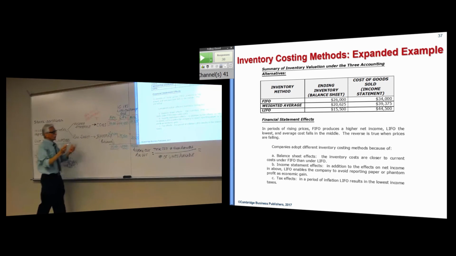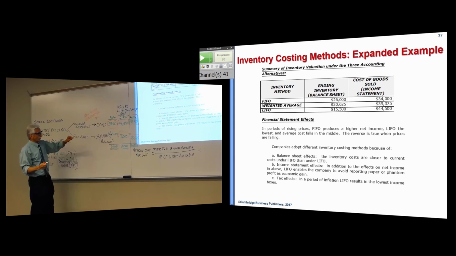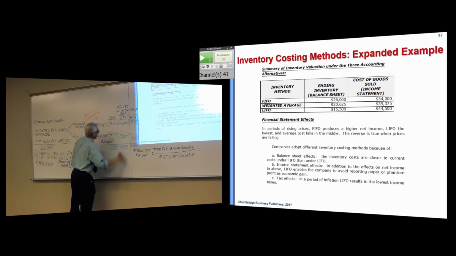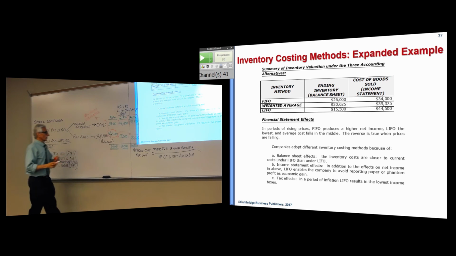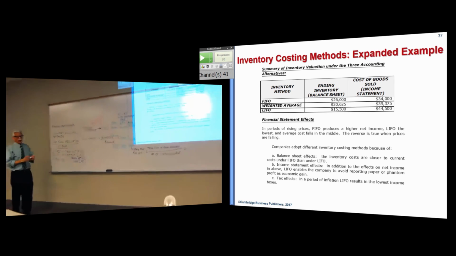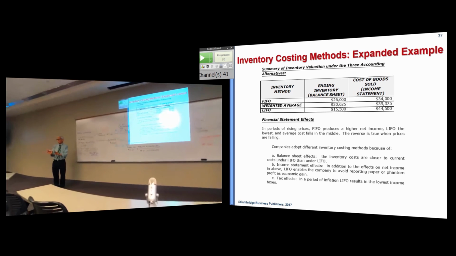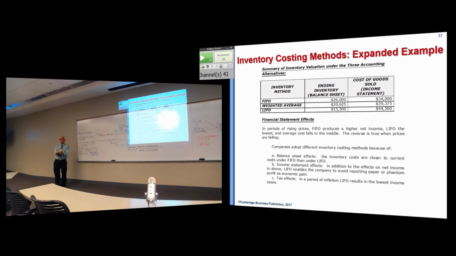which again is valuing inventory, here's your inventory. So if I wanted to satisfy the balance sheet objective to show an inventory that's as close as possible to current replacement cost, I'd want to see FIFO on my balance sheet.